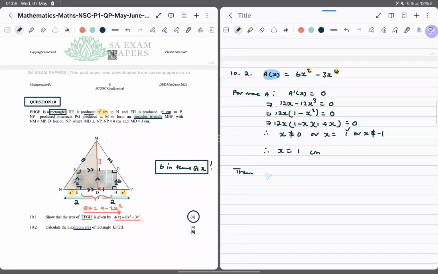We can say the maximum area is such that A of 1 is going to be equal to 6 into 1 squared minus 3 into 1 to the exponent 4, which therefore tells us that A of 1 is equal to, this is 6 minus 3, which is just 3 centimeters squared.